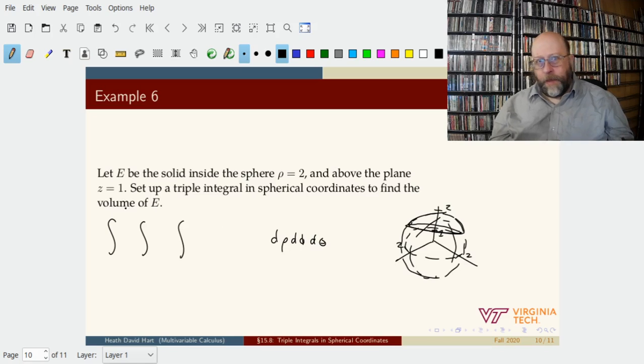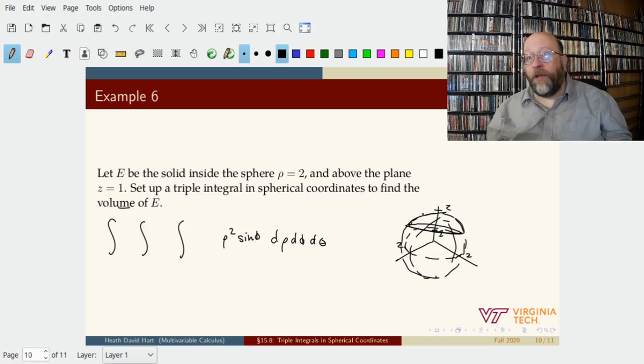Now again, volume would normally be integrating a 1 here, but we still have to put rho squared sine phi. And now we have to figure out what in the world we are going to do to get this shape in spherical coordinates.